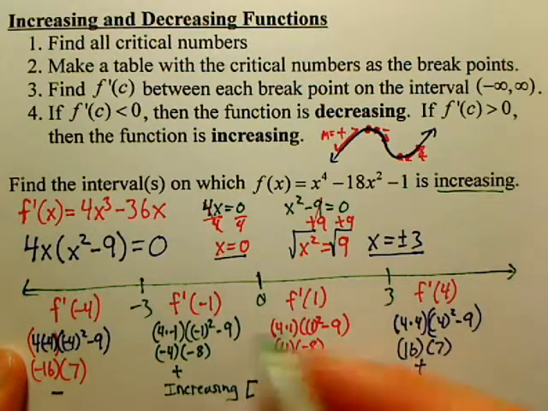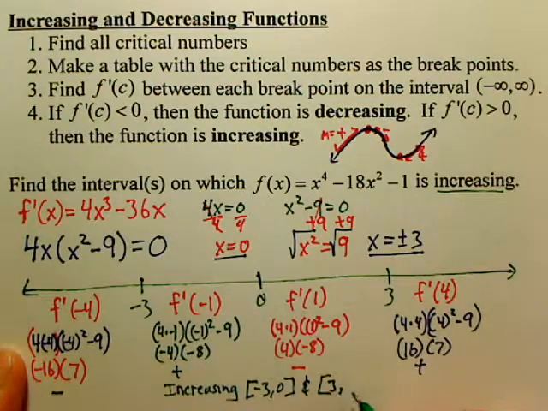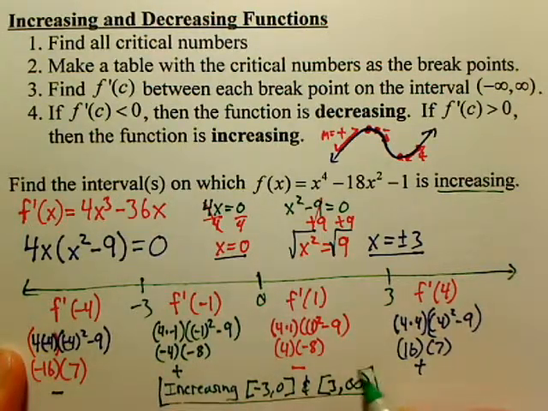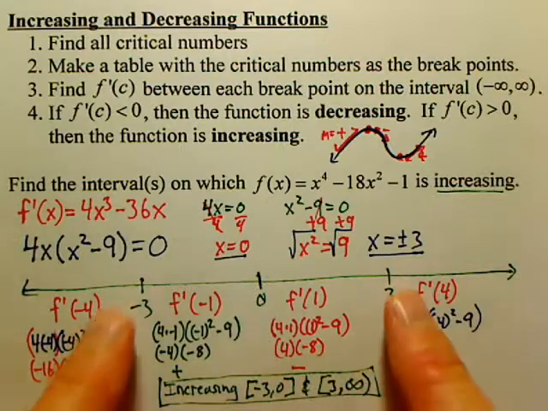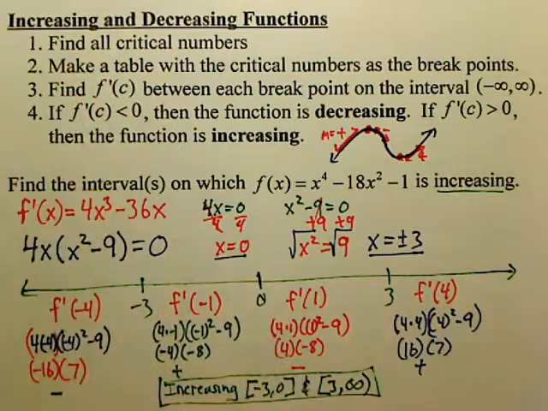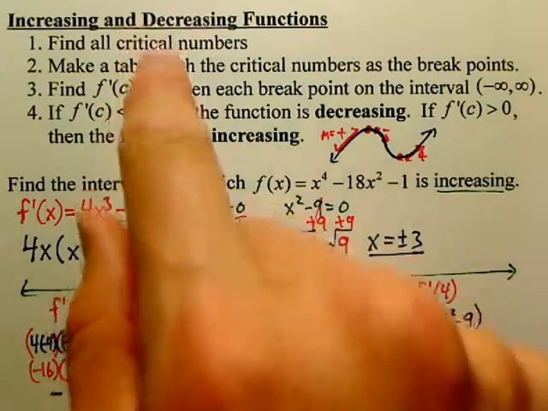Well, you're increasing on the interval from -3 to 0 and the interval of 3 to infinity. All right, that is your answer. That is the intervals for which you are increasing. If I want decreasing, it would be these. And those are the points where it changes. Those are critical numbers.